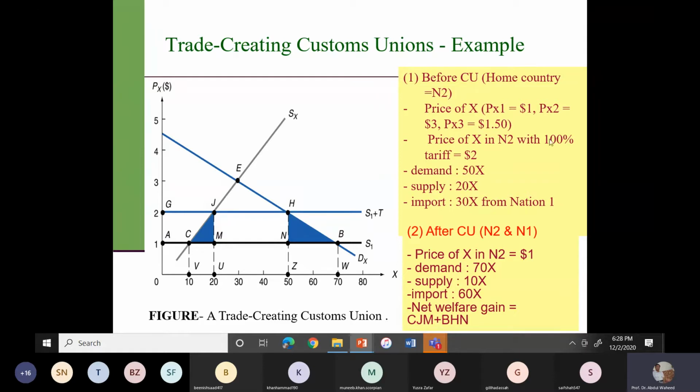If you have imposed a tariff and you are trying to produce this good domestically, we can see that there are efficiency losses and there is a deadweight loss. You will divert your resources from the efficient sector where you have comparative advantage to this sector where you have comparative disadvantage. Clear?